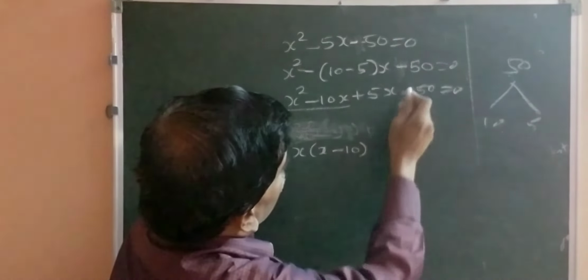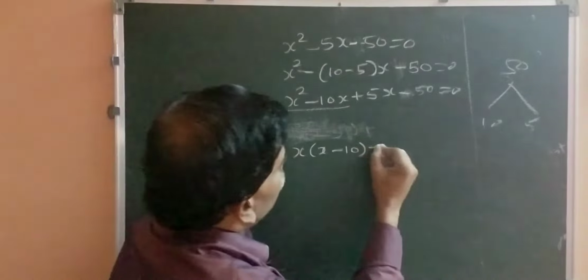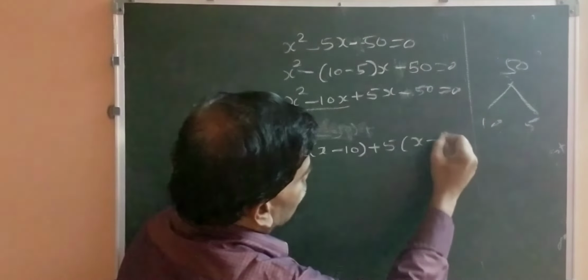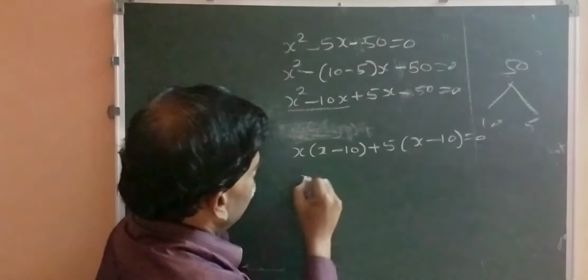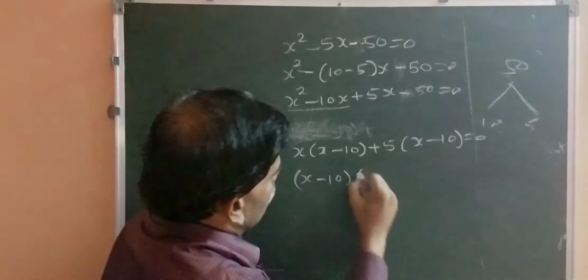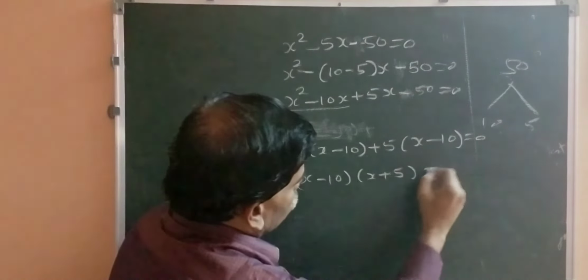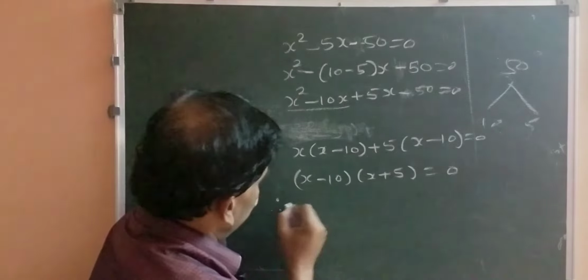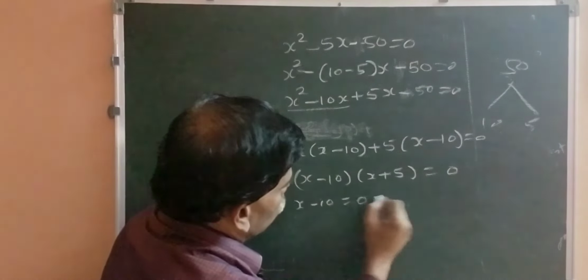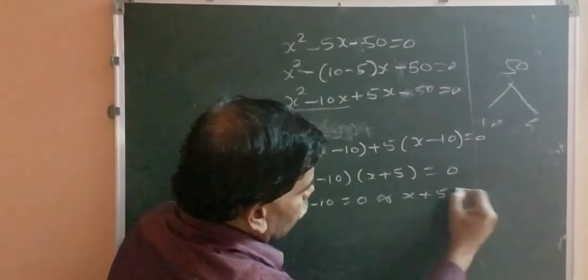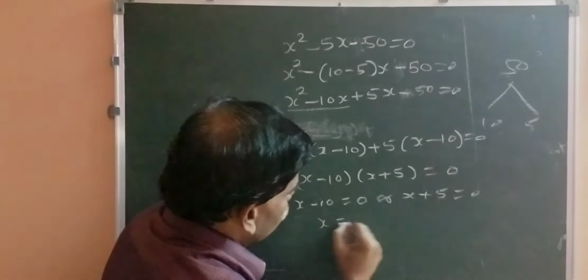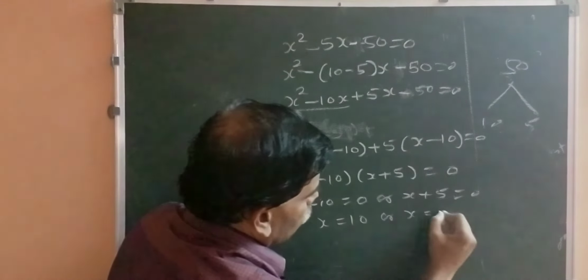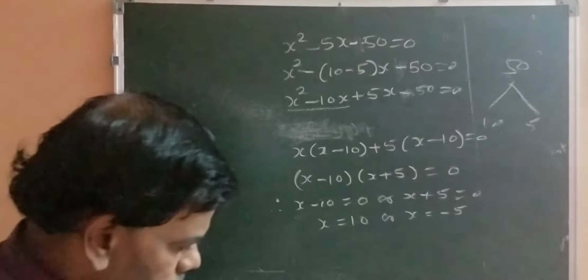So x minus 10 and x plus 5 is equal to 0. Therefore, x minus 10 equal to 0 or x plus 5 equal to 0. Therefore, x equal to 10 or x equal to minus 5.